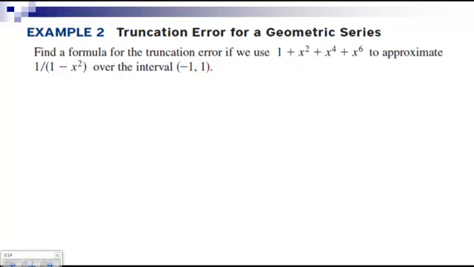When we look at the function 1 over 1 minus x squared, and we write this polynomial, we have truncated the Taylor series to get that polynomial. So we've been truncating a lot, we just never used that word before.